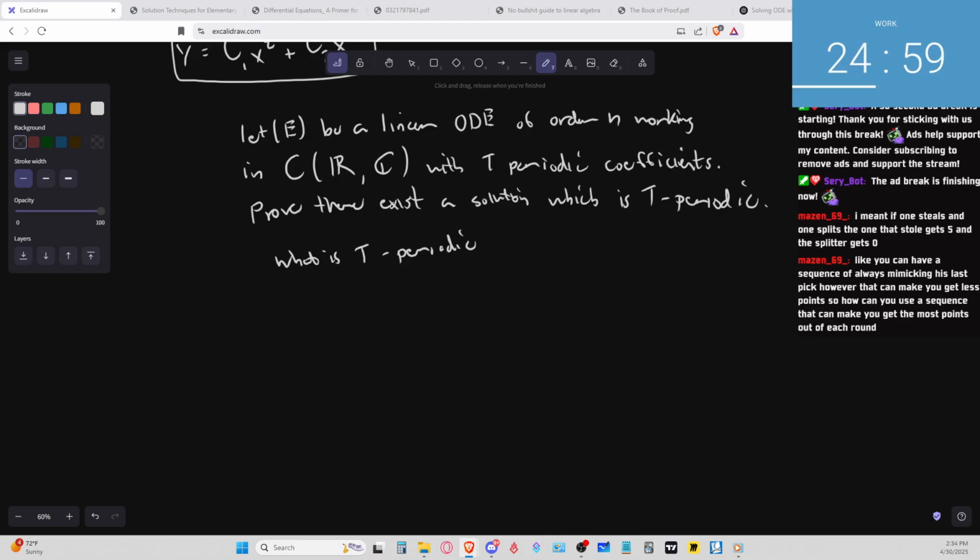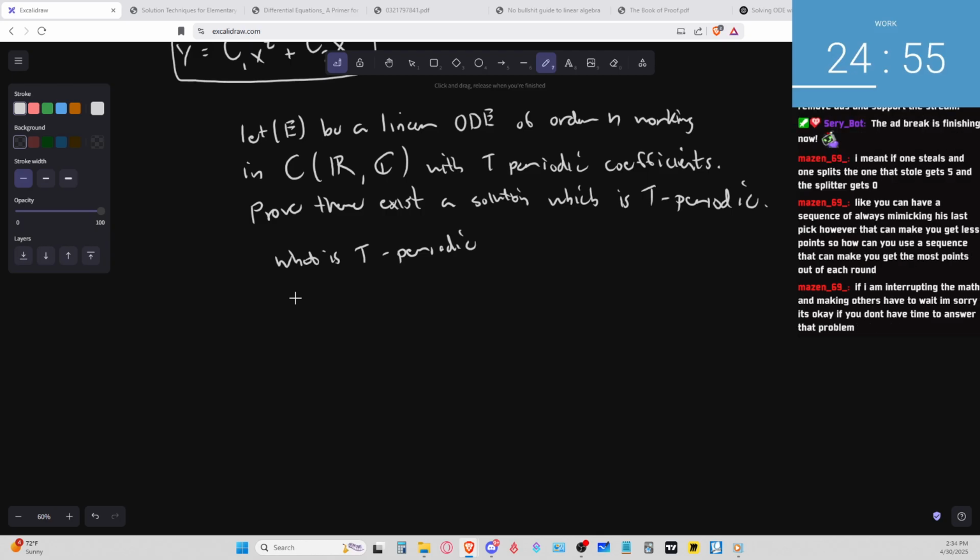Let's see what it says. At least Google AI gives us a definition. Well, I wouldn't say straightforward, but at least the AI gives us a definition.